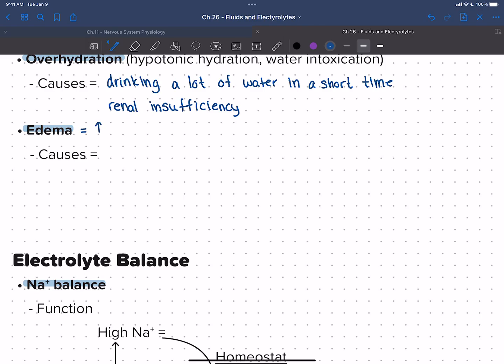All right, so edema is an increase in interstitial fluid. Right, so that fluid in the tissues. Okay, and so just a reminder of some of the causes of edema. So it can result from an increase in pressure in the veins, right? So an increase in venous pressure.